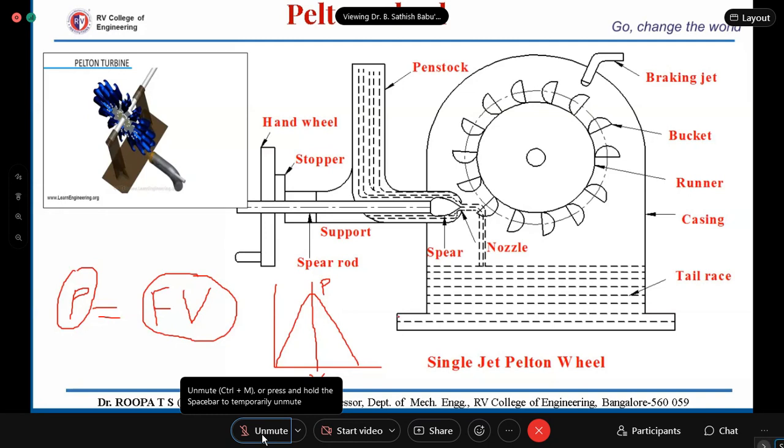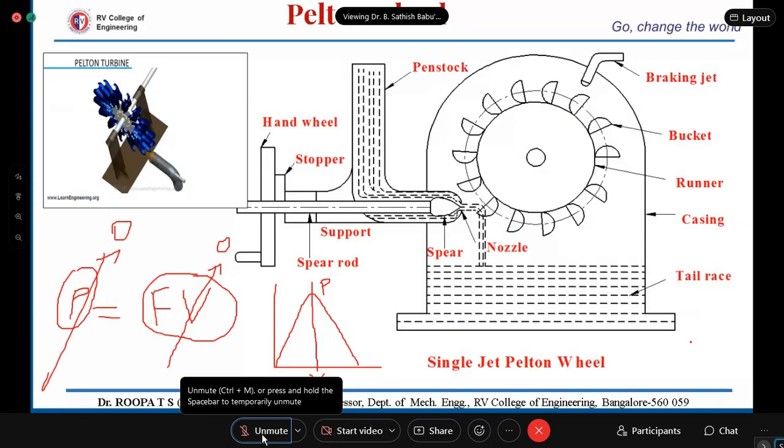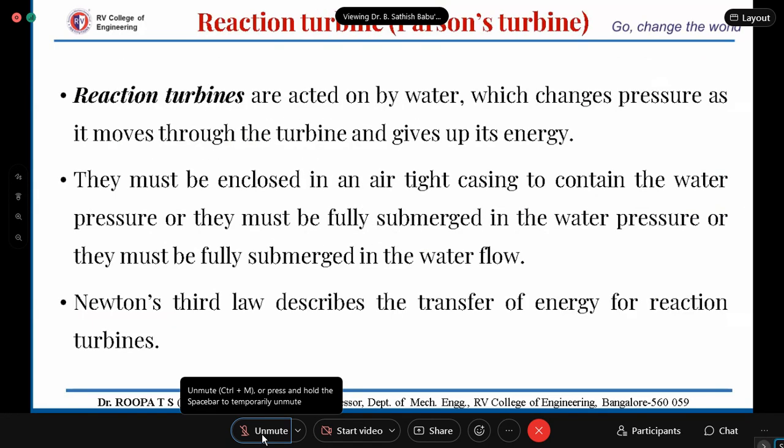So stationary buckets means bucket velocity will be 0, so the power generation will also go to 0. This is another important thing that you are supposed to know. I'm not going to explain how the water flows and all, you can refer to that as it is already done.